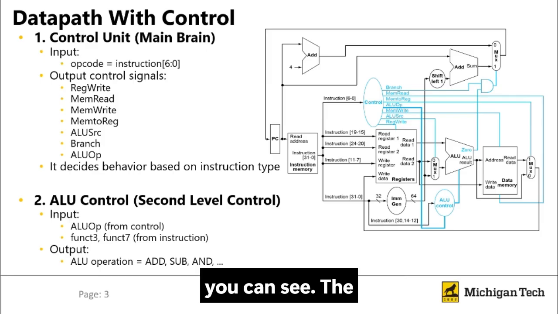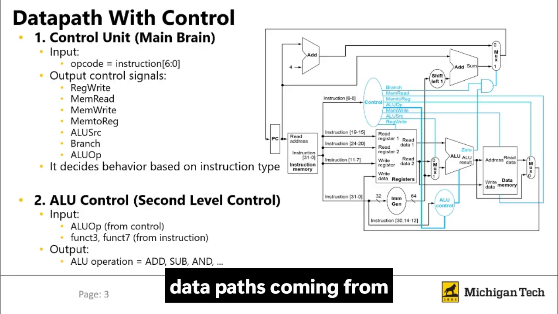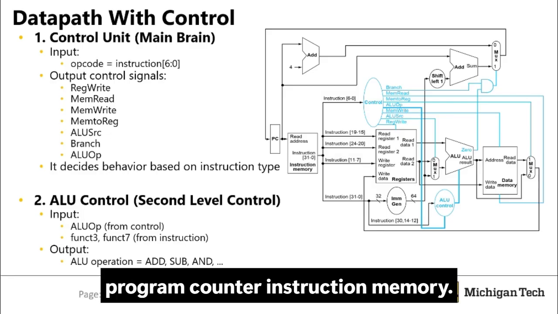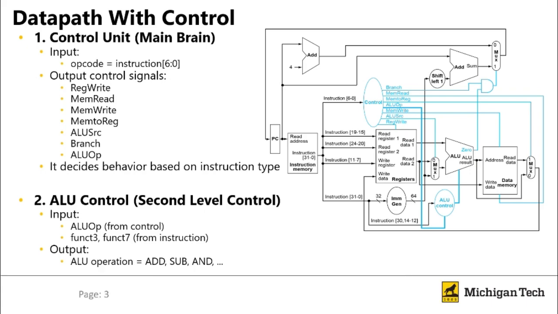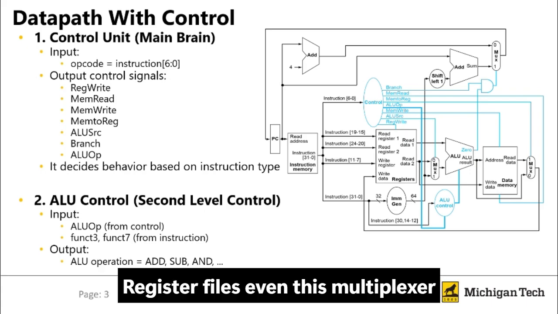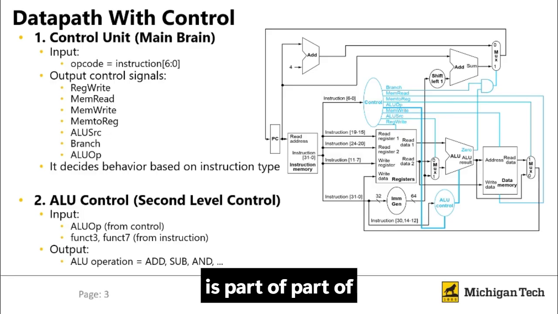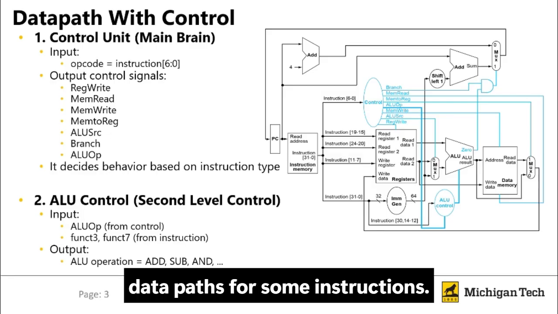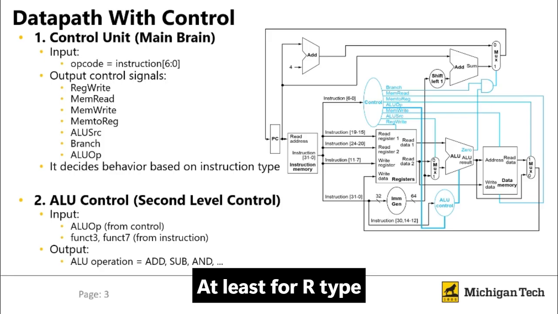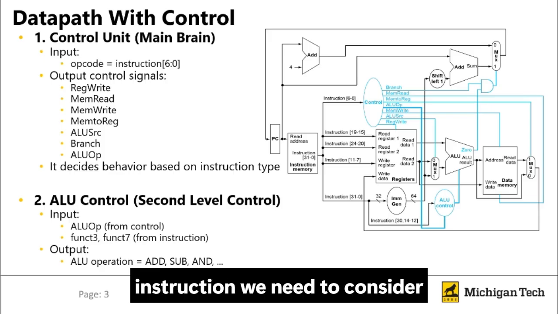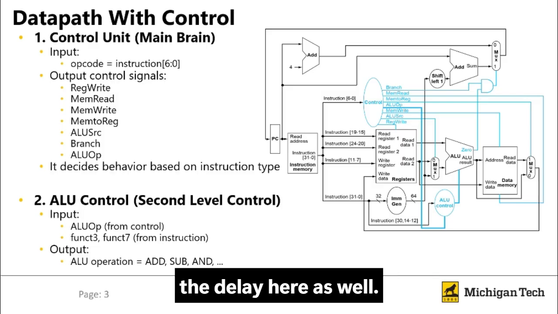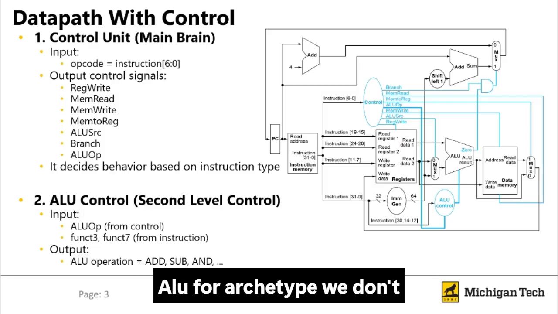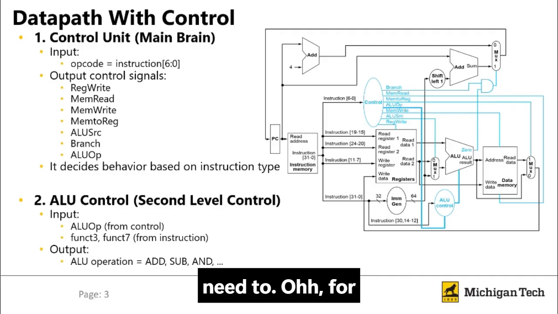As you can see, the data path comes from the program counter, instruction memory, register file, and even this multiplexer is part of the data path for some instructions. At least for R-type instructions, we need to consider the delay here as well. ALU, for R-type, we don't need to go to memory.